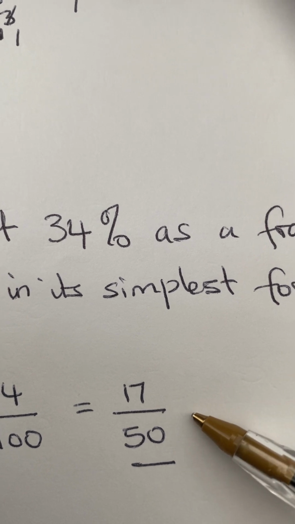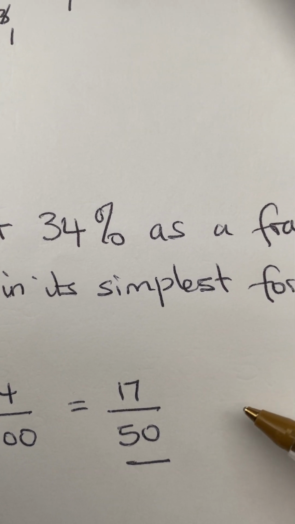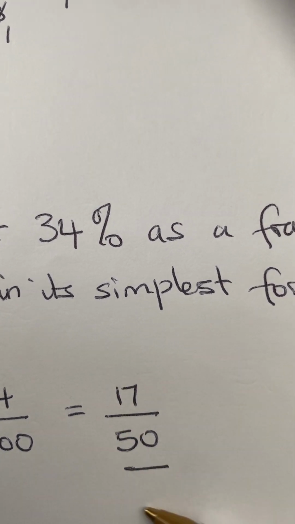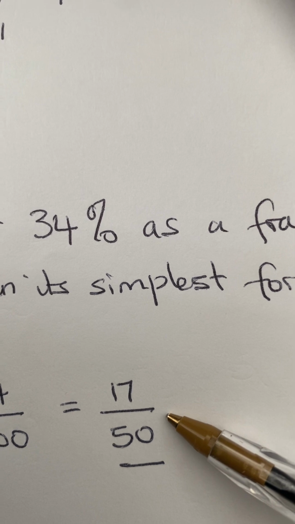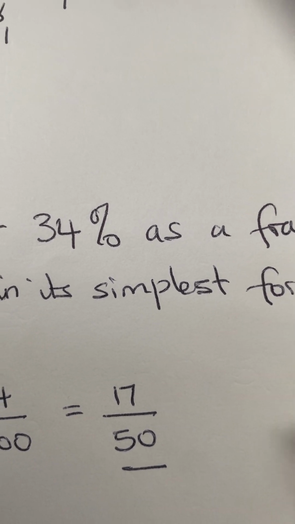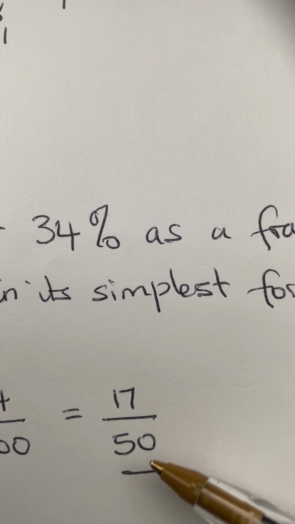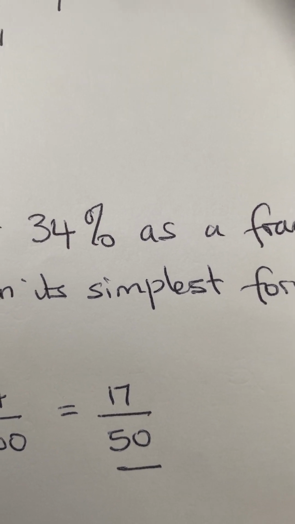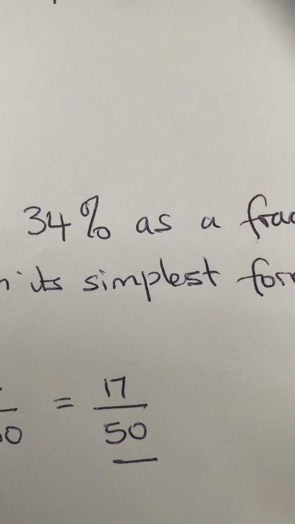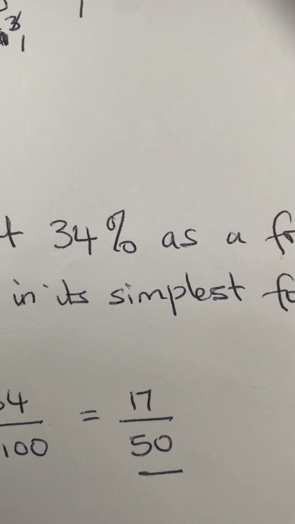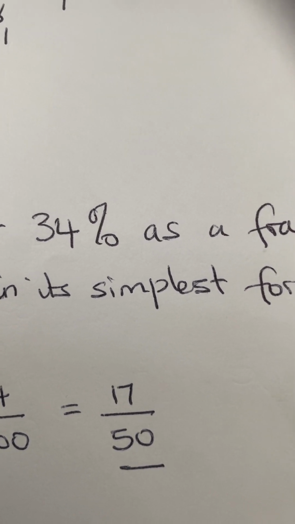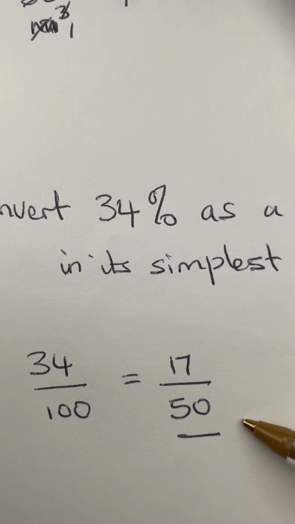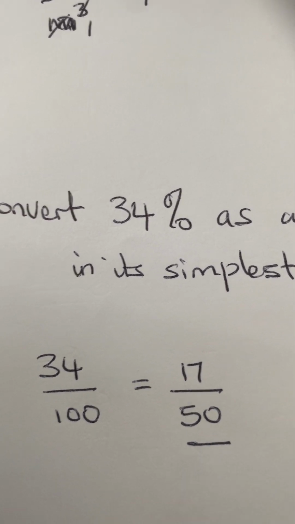Unless they ask us to go further and change it into decimal, then this might be in the calculator paper. So we'll do 17 divided by 50, and then we'll have 0 point something. Then maybe the question will say to two decimal places. Whatever the question is asking you is what we would do. But here, this is where we end, because that's our simplest form.